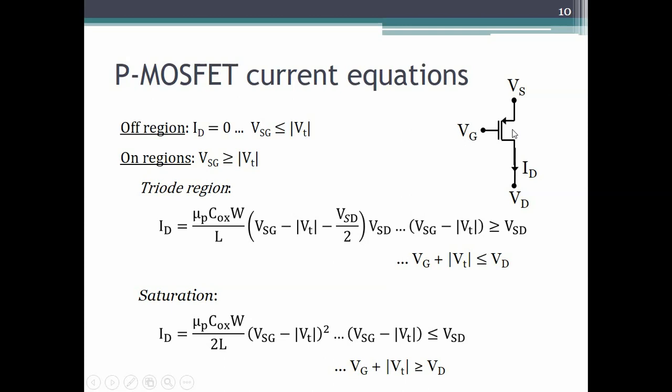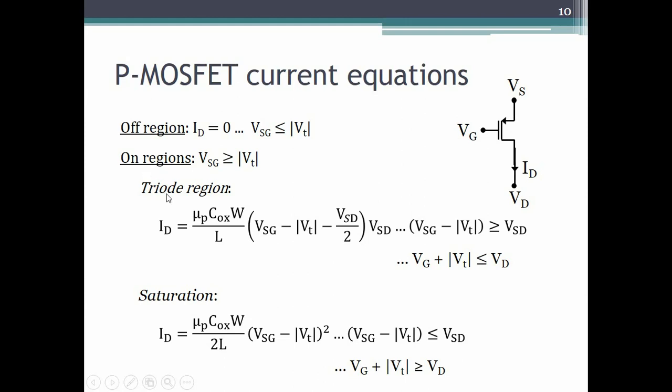So the gate voltage has to be negative, and so the threshold voltage is negative. And everything is measured with respect to the source. So the gate is negative with respect to the source, so the source-gate voltage will be positive.